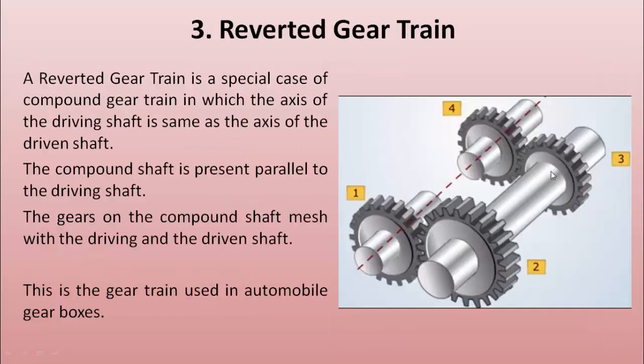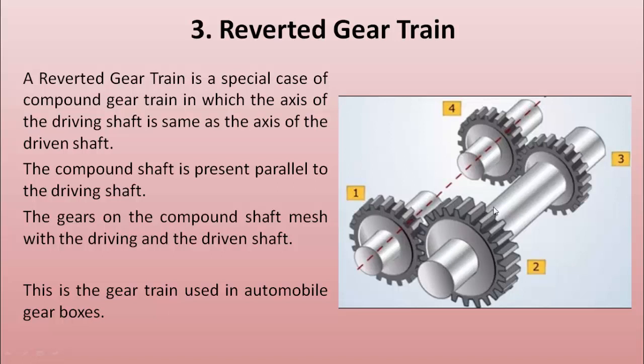See, in a reverted gear train, you can see this shaft has two gears on it. What is the special thing about a reverted gear train? It is a kind of compound gear train in which the driving shaft and the driven shaft are on the same axis. For example, in this scenario, 1 is your driving shaft and 4 is your driven shaft, so they are both on the same axis. 1 is rotating, and because of 1, 2 is rotating.